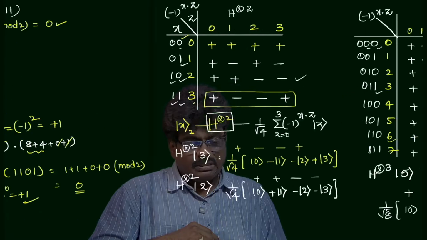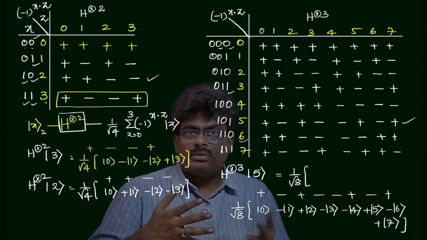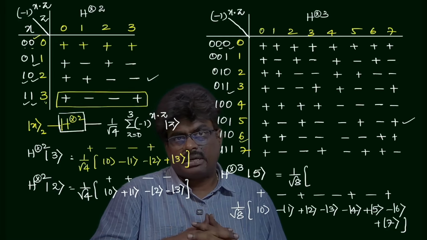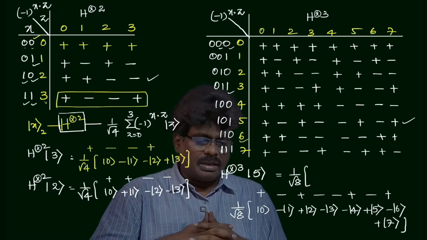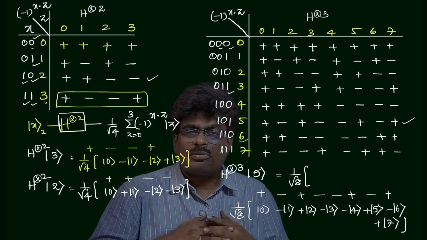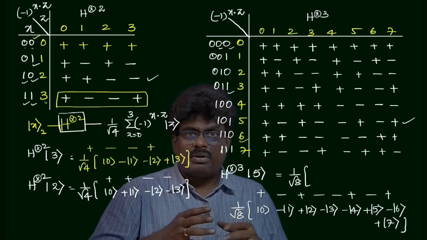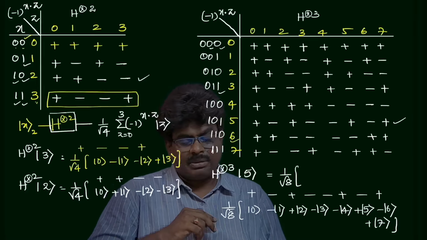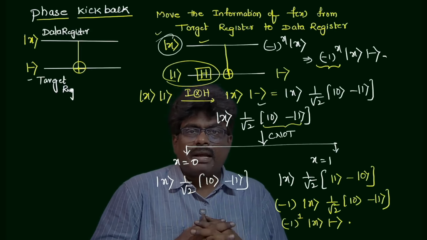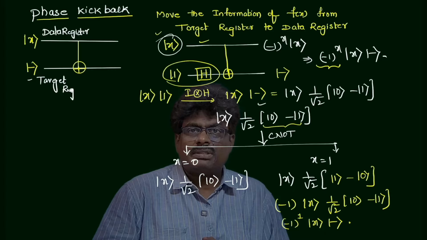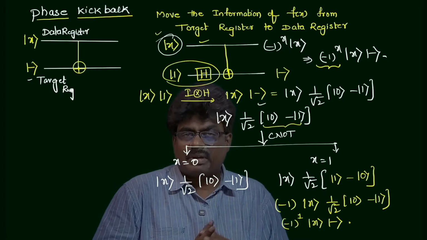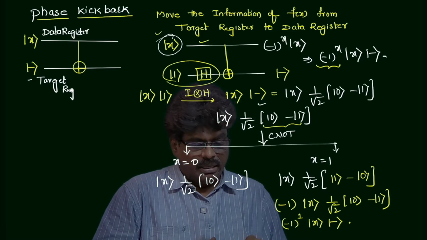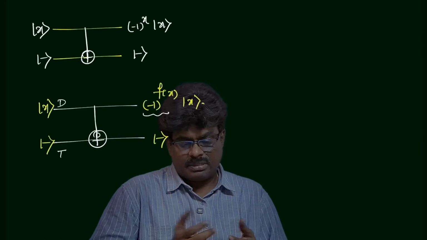These tables are also very useful if you want to find the Hadamard operation on a particular state. I have tried 4 qubits and 5 qubits also. If you are getting any different answer, please let me know. And after that, phase kickback, which transfers the information of f of X from the target register to the data register. I have explained this, and this is the final result.